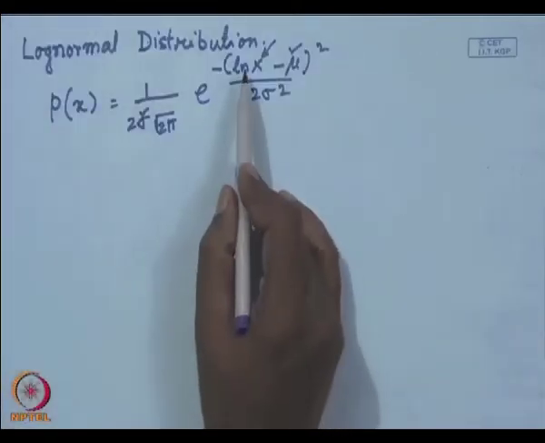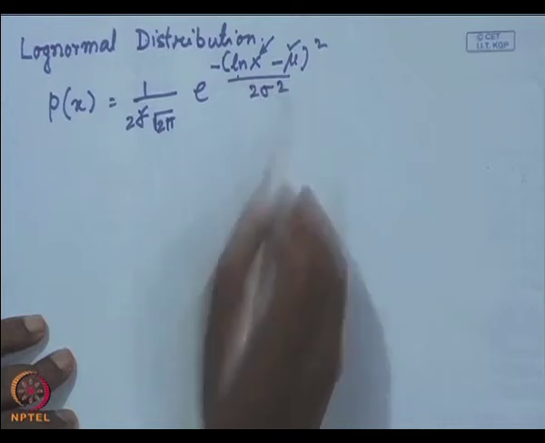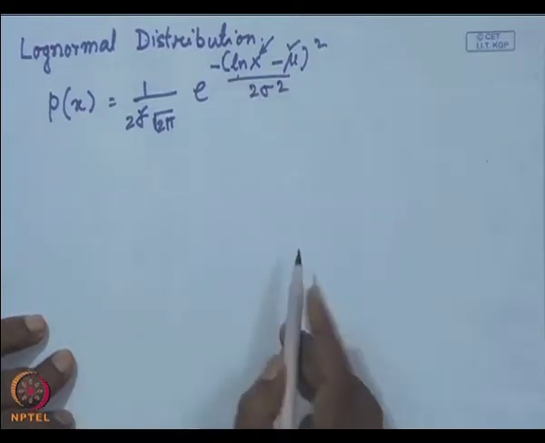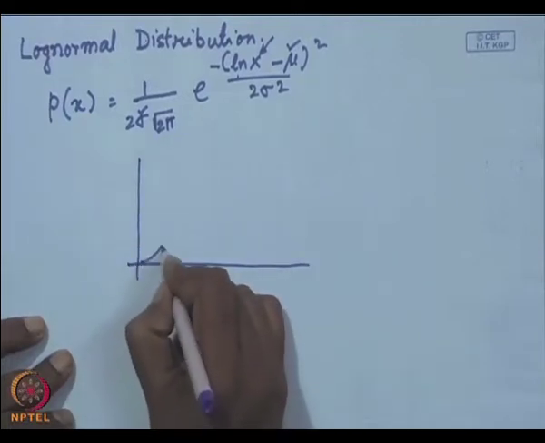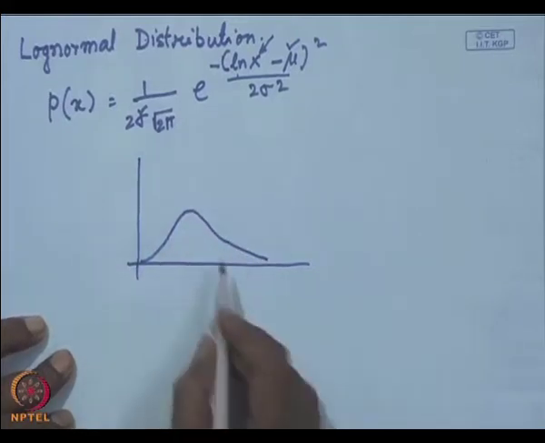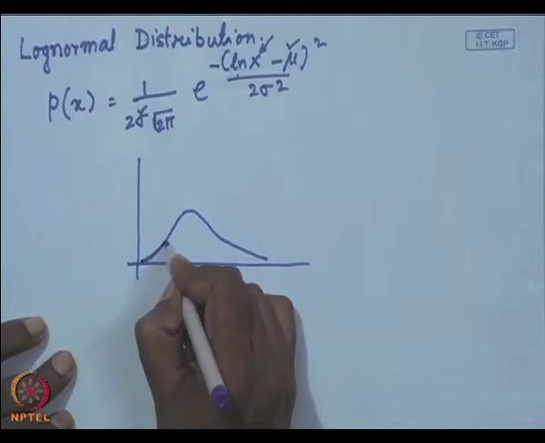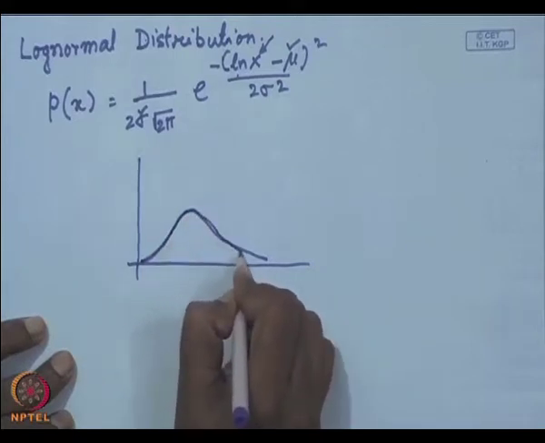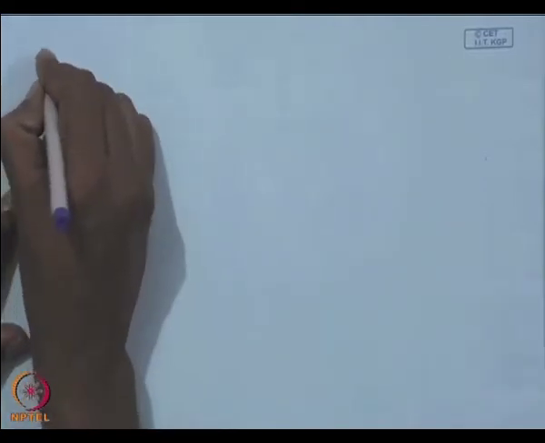In the log normal distribution, the exponent contains log of x minus mu square. If you plot this distribution, it will look something like this, which is similar to our Gaussian distribution, but there is a slight difference. The slopes on this side and on this side may be different, or in general they are different. Similarly, there is another form of parametric distribution, which is called the exponential distribution.